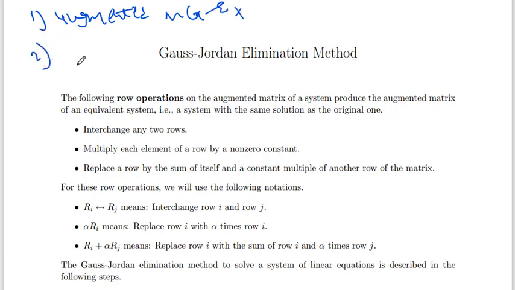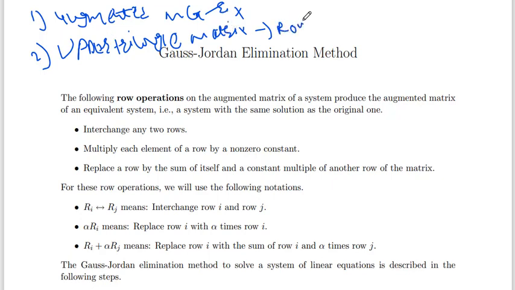Then what is the next step? Transform this augmented matrix into an upper triangular matrix, with the help of row operations. And after transforming it into an upper triangular matrix, the last step is back substitution.